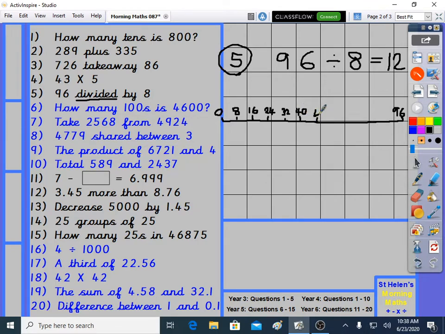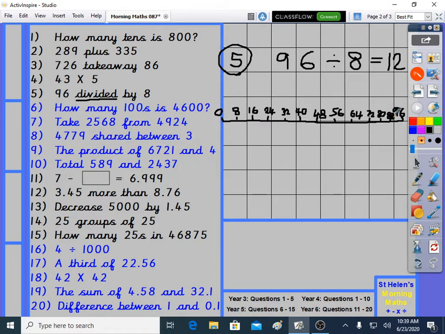And as I keep going on about, division is, in this case, how many 8s fit into 96. So I just keep going along with my 8s. 64. As you can see, I'm struggling to squeeze them all in. 72, 80, and I might just squeeze in an 88 here. Oh, will I? It's very messy.